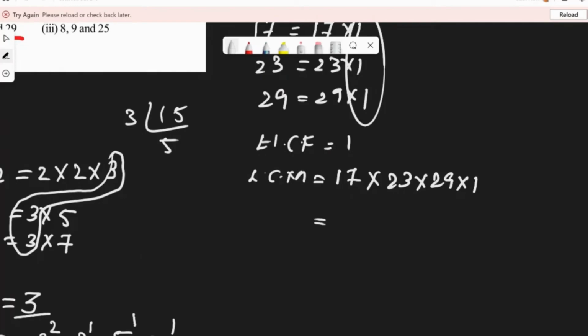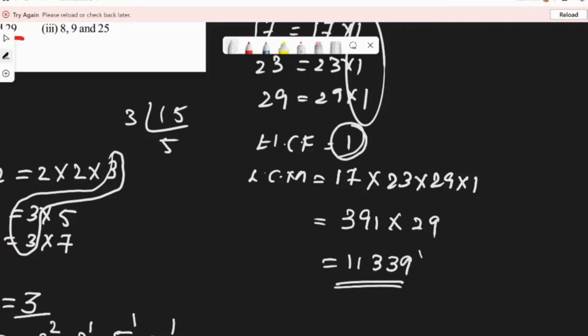So 17 into 23 is actually 391, and 391 into 29 will be 11,339. So HCF is 1 and LCM is 11,339 of the second sum.